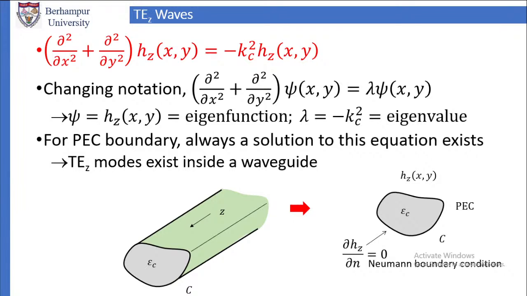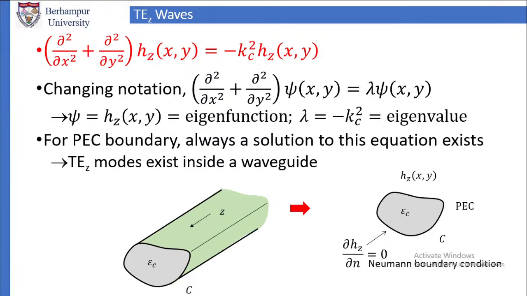Now, for PEC boundary, PEC means perfect electric conductor. And the waveguide is a hollow cylinder of perfect electric conductor. So, inside the cylinder, on the inside boundary, the boundary is perfect electric conductor.